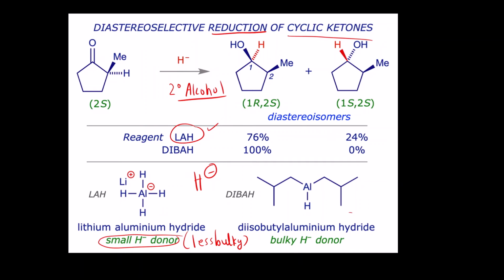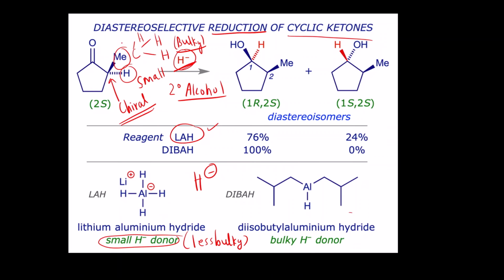So now the question is, here if you see, this is a chiral carbon, and methyl has 3 C-H bonds, so it is a bulky group, and a hydrogen is a small group. So what will happen?